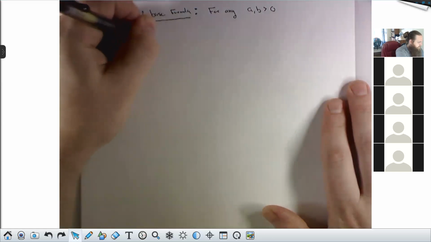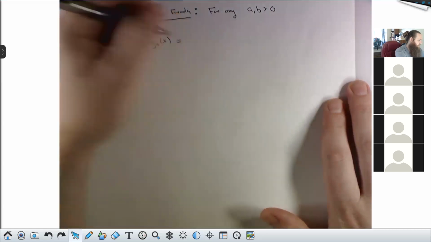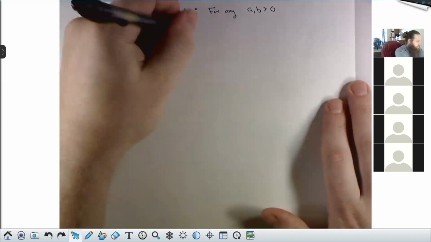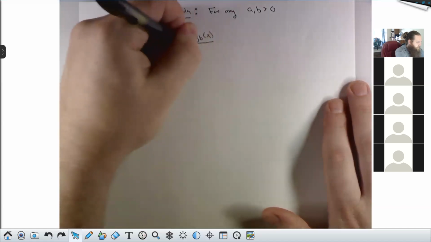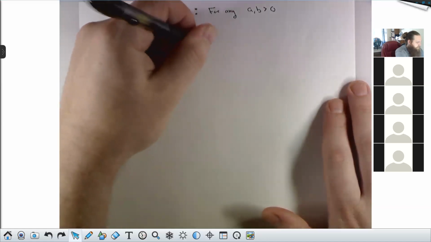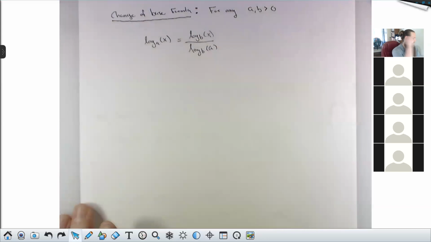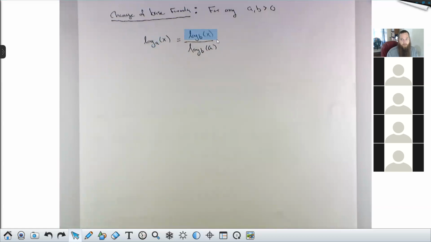The base A logarithm of x is equivalent to the base B logarithm of x divided by the base B logarithm of A. So I think of this like somebody gives me a base I don't like. I don't like the base A. I want to use base B instead. That's just the base B log of the old thing divided by the base B log of the old base.